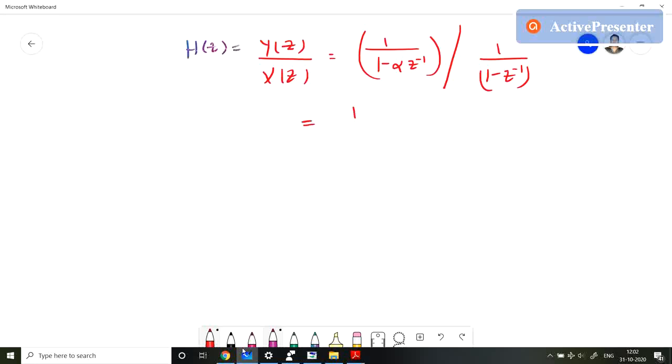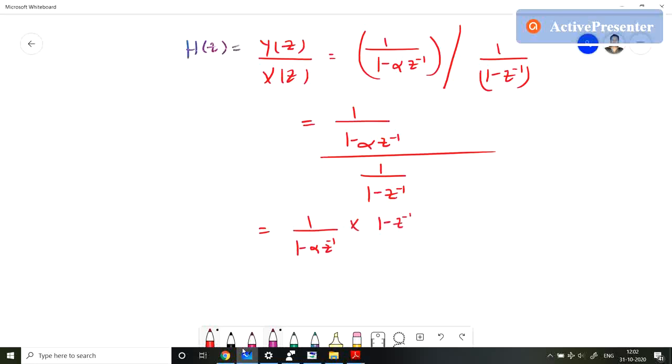So we get 1 divided by (1 minus alpha z inverse) multiplied by (1 minus z inverse) divided by 1, and that is equal to z divided by (z minus alpha) multiplied by (z minus 1). Let us see what we get after multiplication.